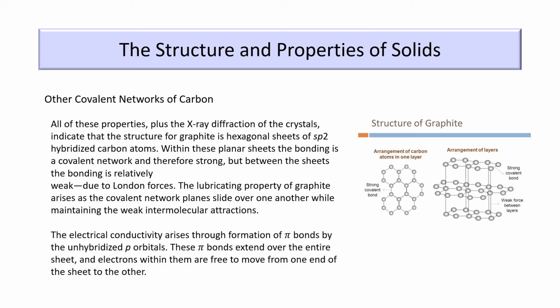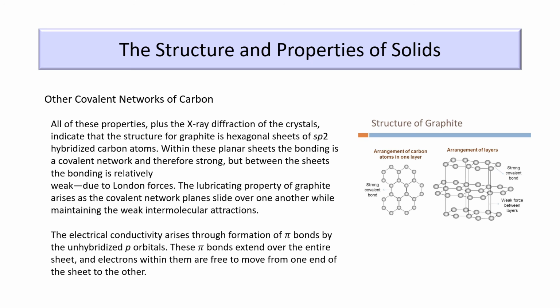Within these planar sheets, the bonding is a covalent network and is therefore strong. But between the sheets, the bond is relatively weak due to London forces.